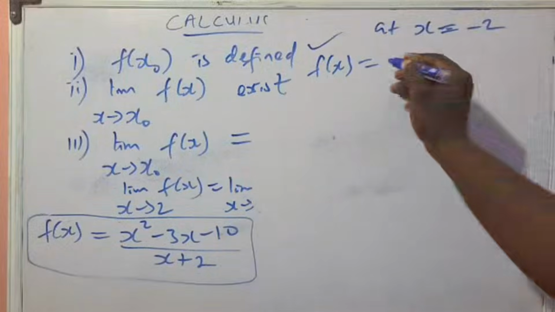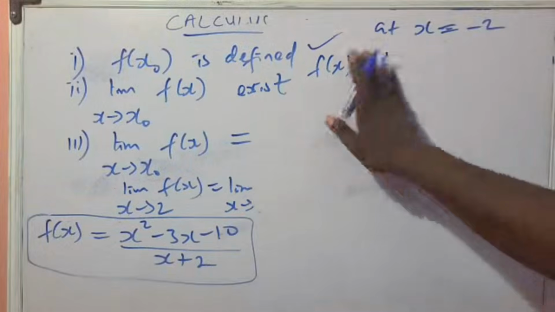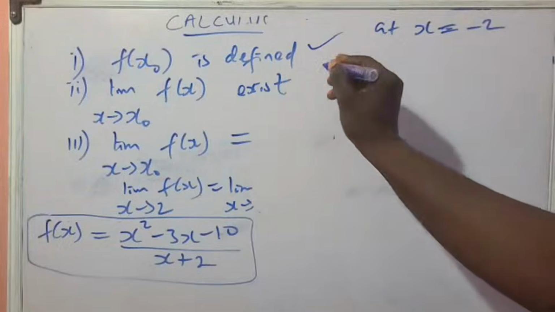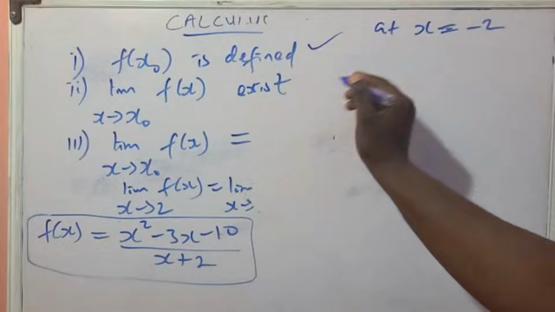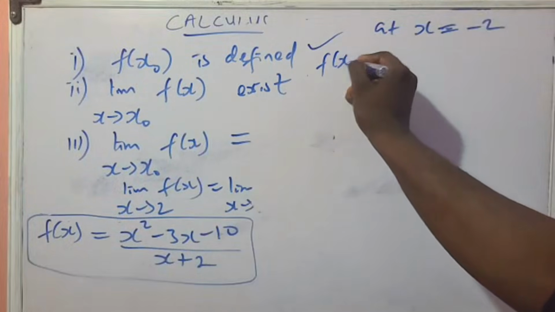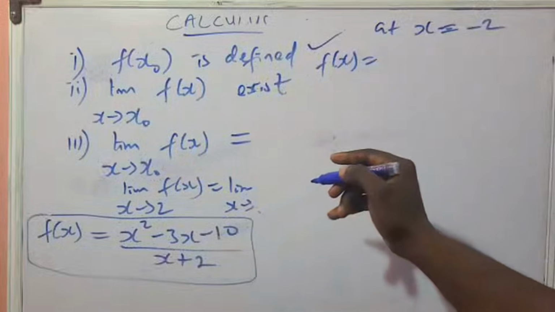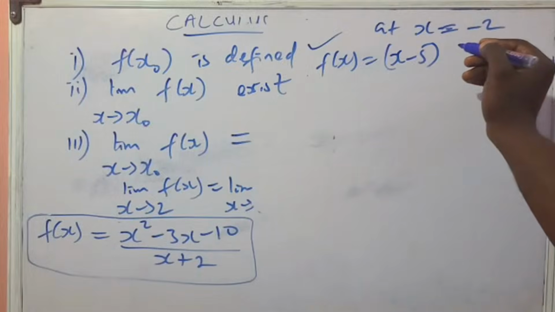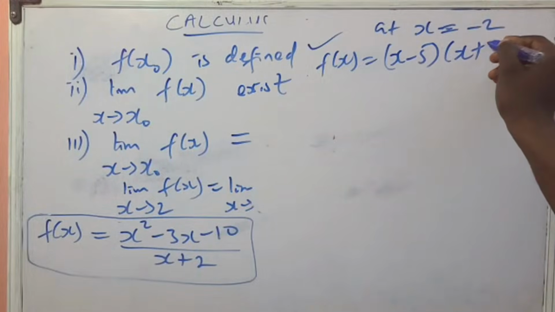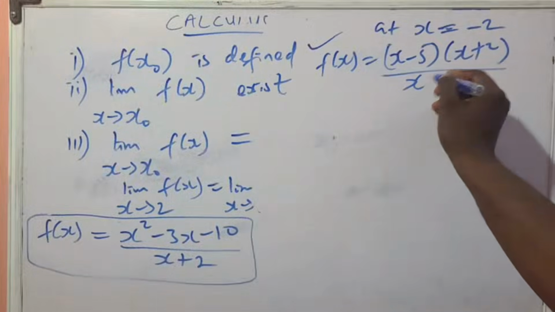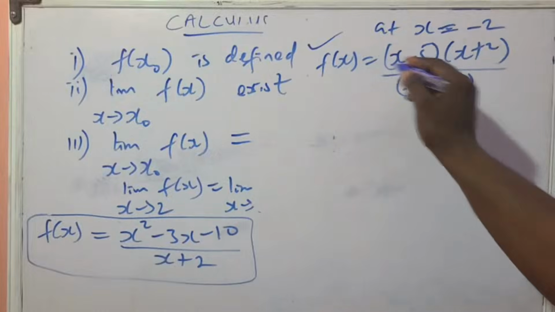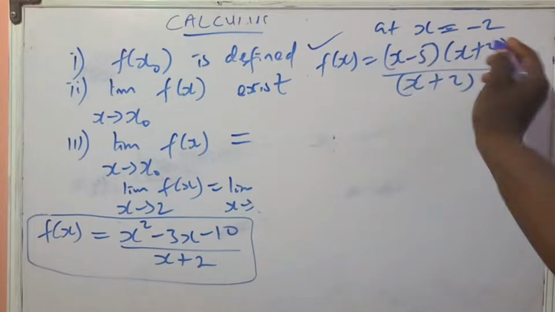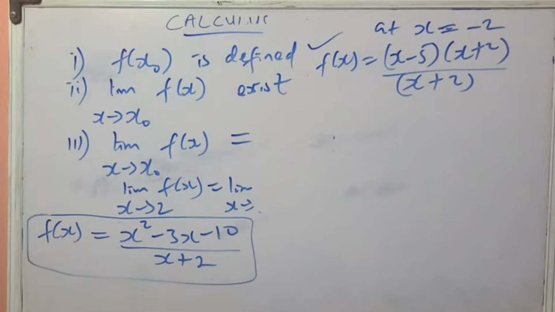The function can be broken down to x minus 5 and x plus 2 over x plus 2. What I just did here is to factorize this numerator. I believe everybody understands how to do that.